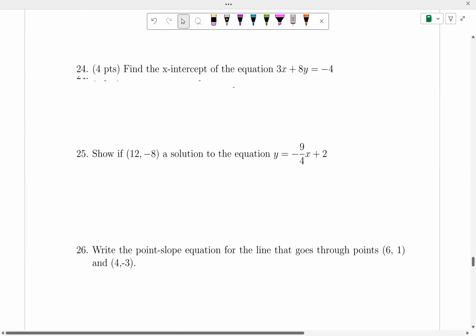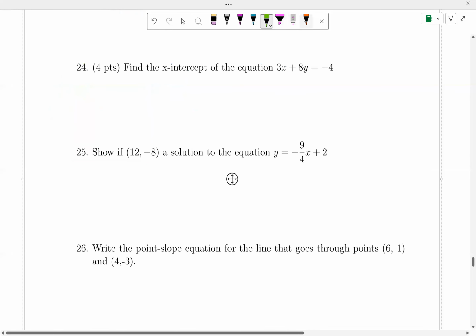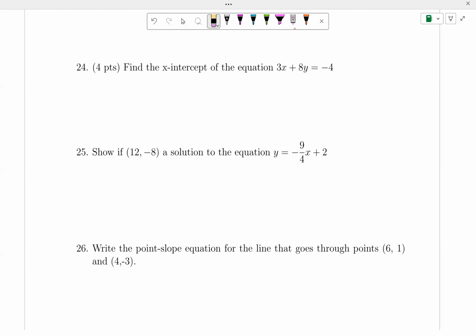Next question, find the x-intercept of this equation. Please remember this. If you're looking for the x-intercept, there's only one simple rule. Plug in a 0 into y and solve.